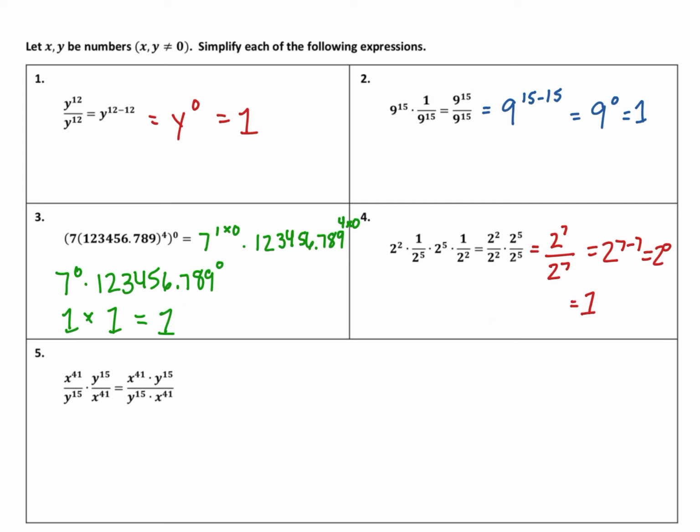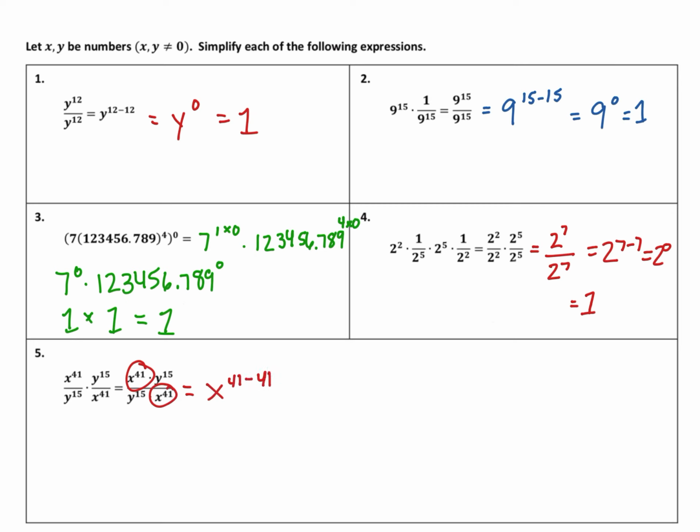Now you might already know that number 5 is going to equal 1 also, but we want to show that. So we have x to the 41st divided by x to the 41st.